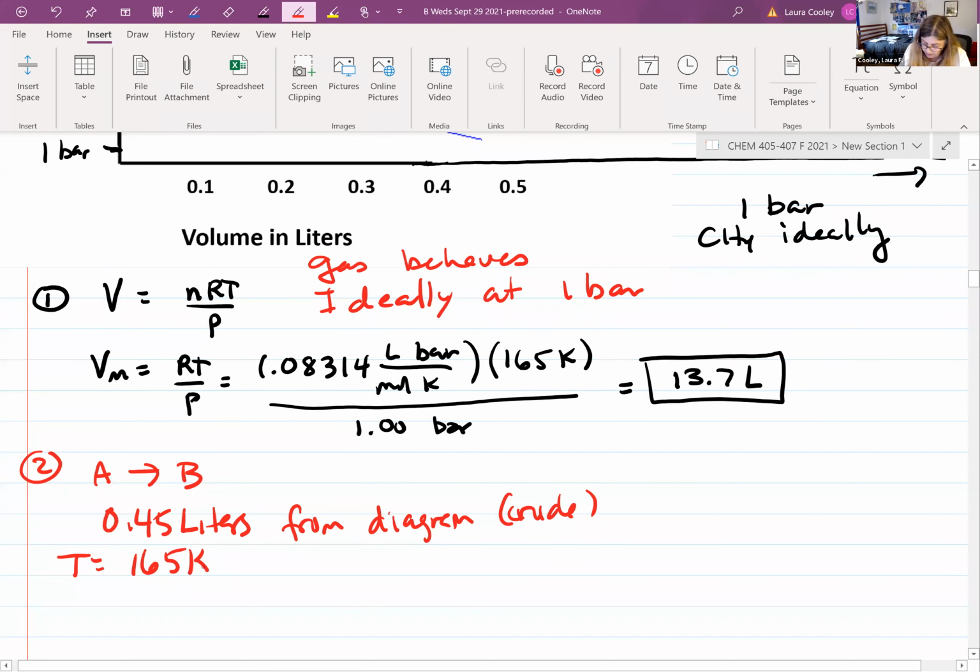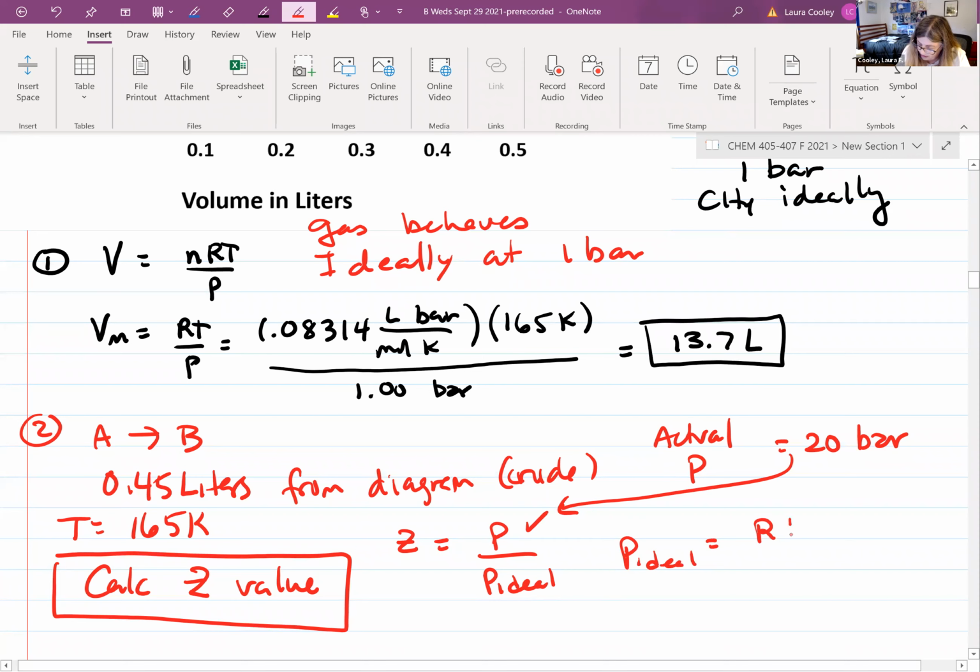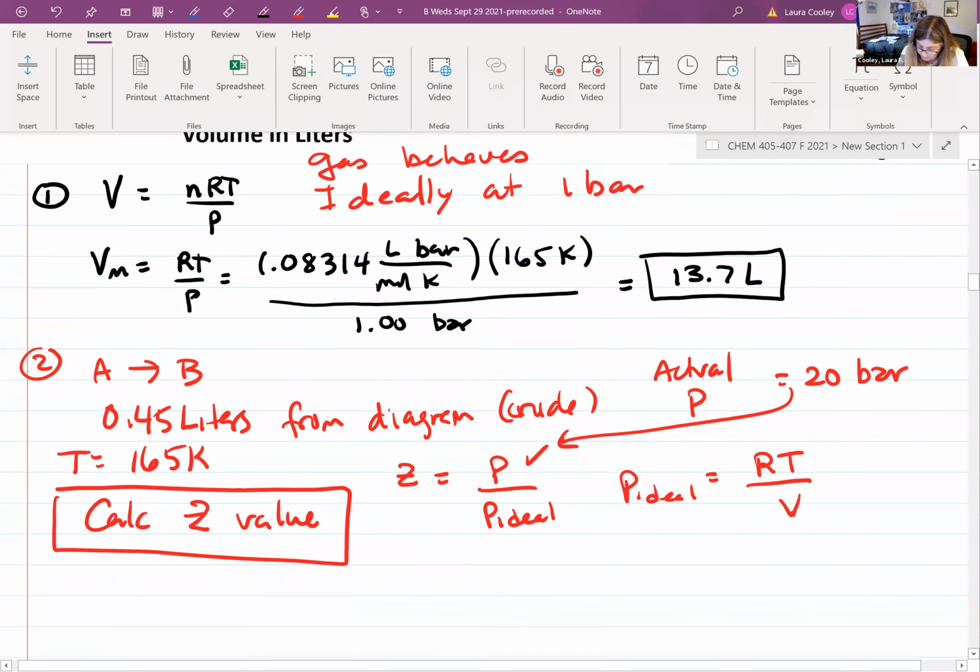Now let's use this information to calculate a Z value. We know that Z is P over P ideal. We already have P. So what would P ideal be? It would be RT over V. So it's going to be 0.08314 times 165 divided by 0.45. Take your calculator out, because these numbers are slightly different than the ones I prepared, but it's not hard to do.